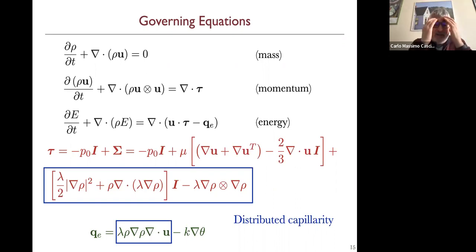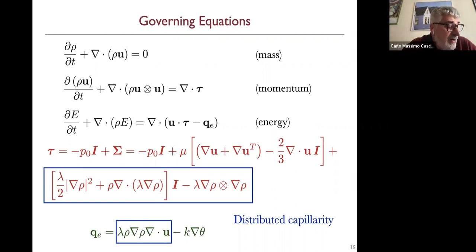Those are the standard ones that, for instance, you may use in compressible fluid mechanics, in gas dynamics. Here, the main difference is in the constitutive equations for the stress and the energy fluxes, which should take into account the fact that the system is a binary system with two different phases, and there is an interface across which the density changes abruptly.